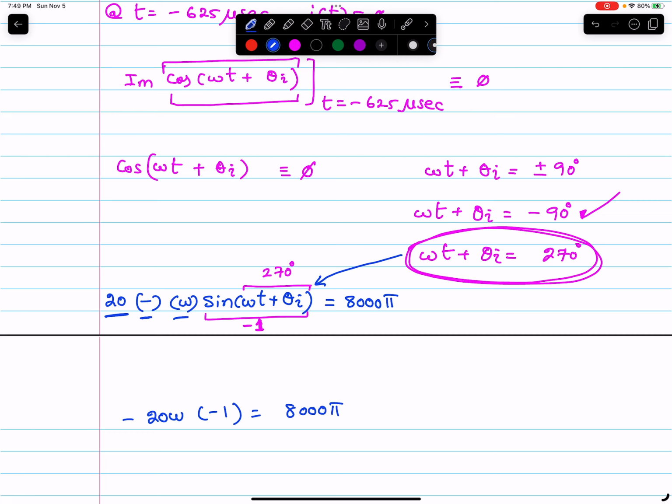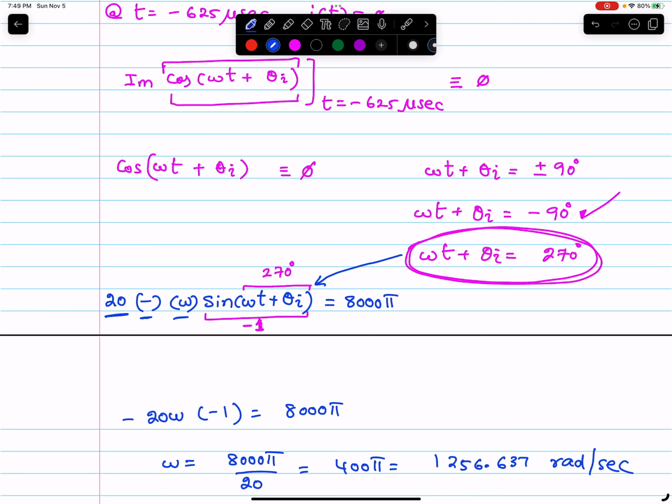Then omega equals 8000 pi divided by 20, which comes out to be 400 pi, or you can calculate its value to be 1256.637 radians per second.